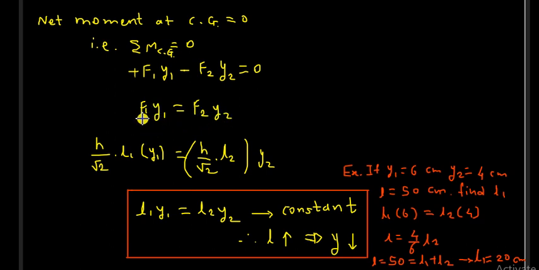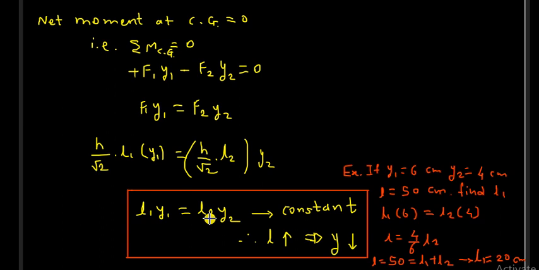By putting the values of F1 and F2, we will get the relation between L and Y, that is L1 Y1 equal to L2 Y2. From this you can say the multiplication of length and distance Y for a particular length of weld, let us say length L1 of weld bead, will be equal to the multiplication of the values L and Y for the weld bead of length L2.